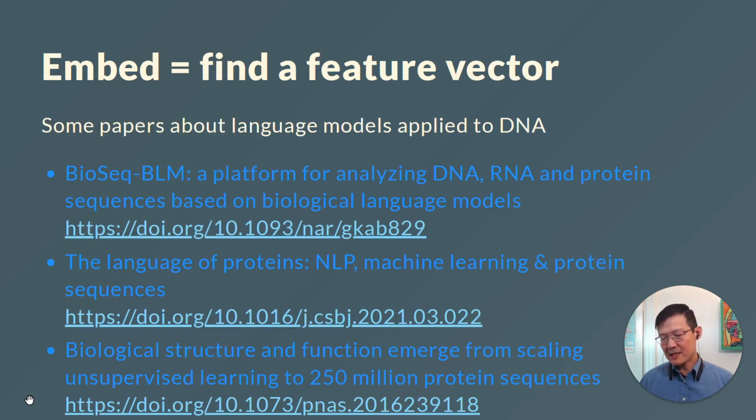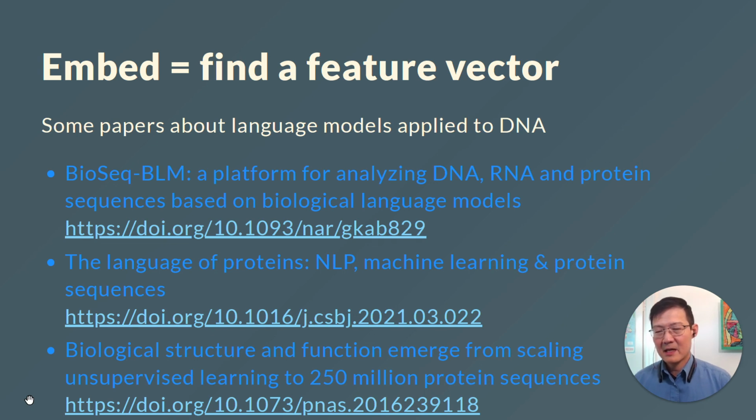Now, given the huge progress we've had in the large language model literature in recent years, there's this really interesting open question of, can we use these language models on DNA or proteins? Just in the last year, there have been lots and lots of papers about this, and here's just a selection that I found by looking online.